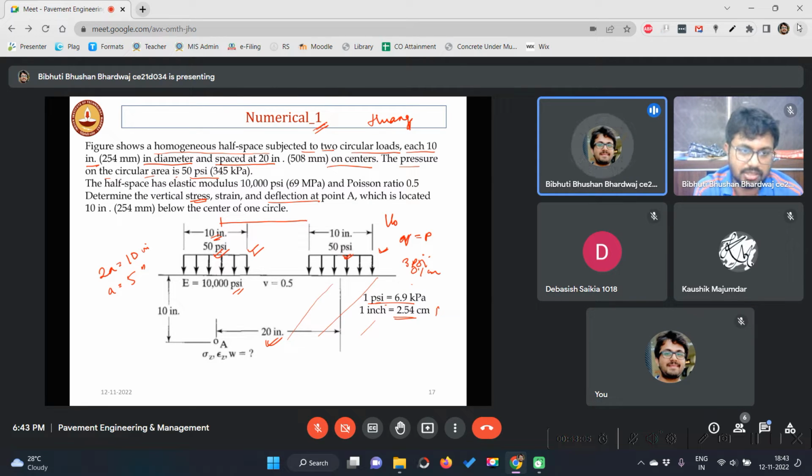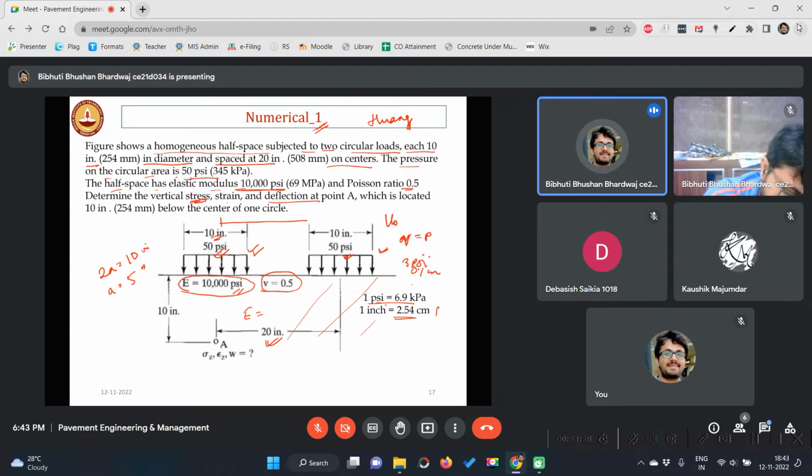Here they are using the term Q. So it's 50 psi. The half space has an elastic modulus of 10,000 psi. That means the elastic modulus of the layer is given as 10,000 psi, and Poisson's ratio mu is given as 0.5.